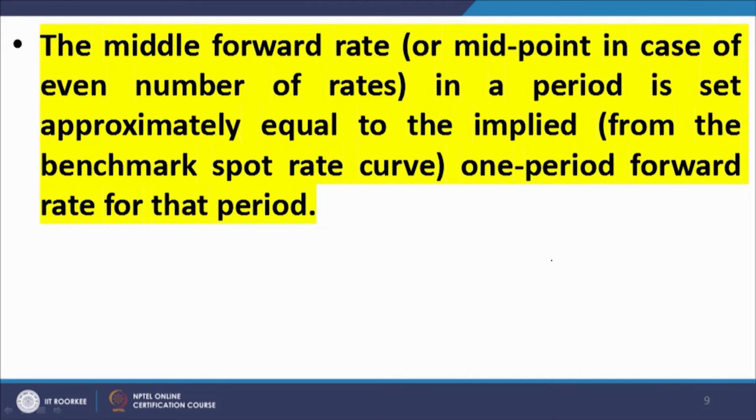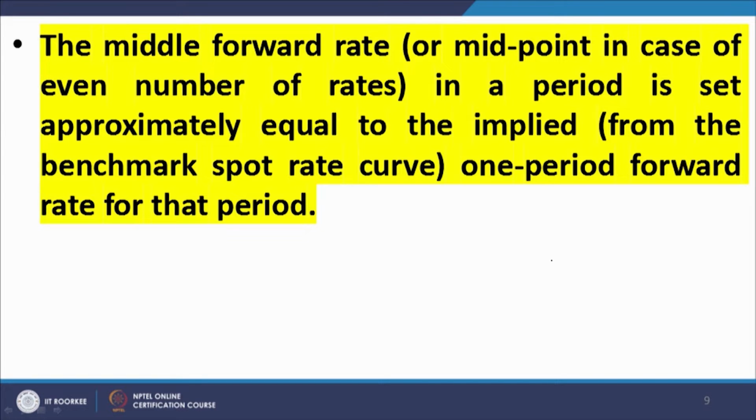The middle forward rate, or midpoint in the case of an even number of rates in a period, is set approximately equal to that rate which is implied from the benchmark spot rate curve, the one period forward rate for that period.